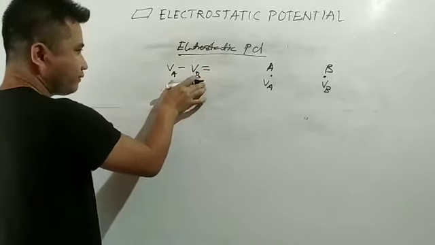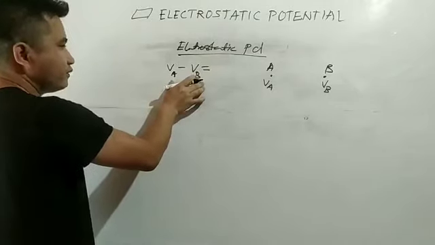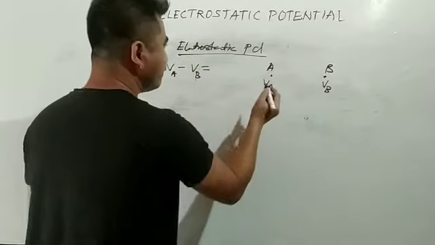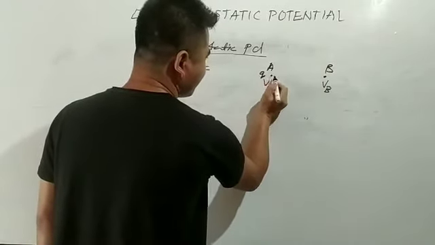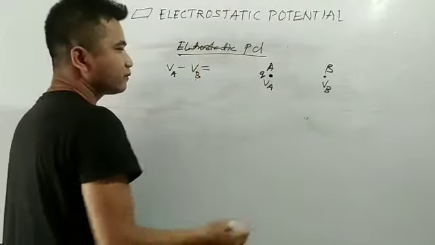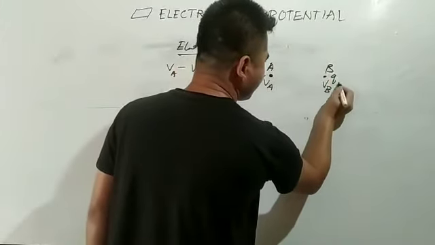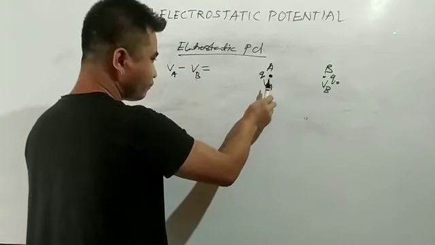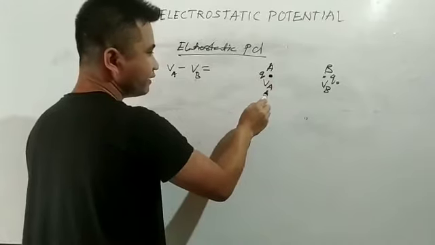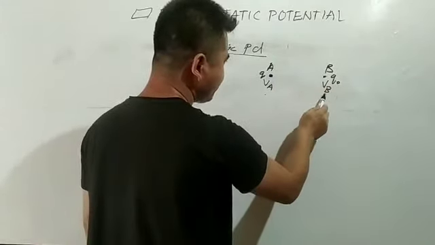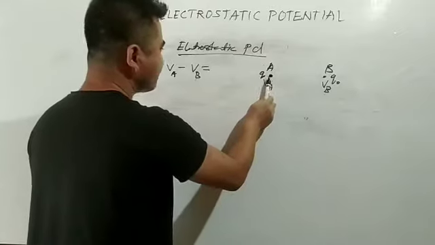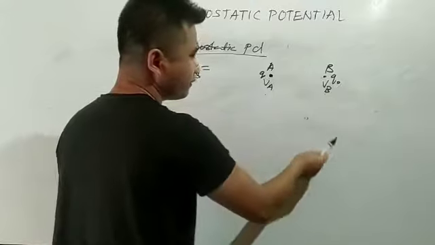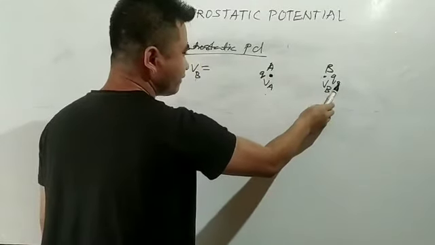It is defined as the work done in moving... let's say here there is a charge Q at point A and here a test charge Q naught is at point B. The potential at point A is VA, the potential at point B is VB. We are taking Q naught because it is a test charge.